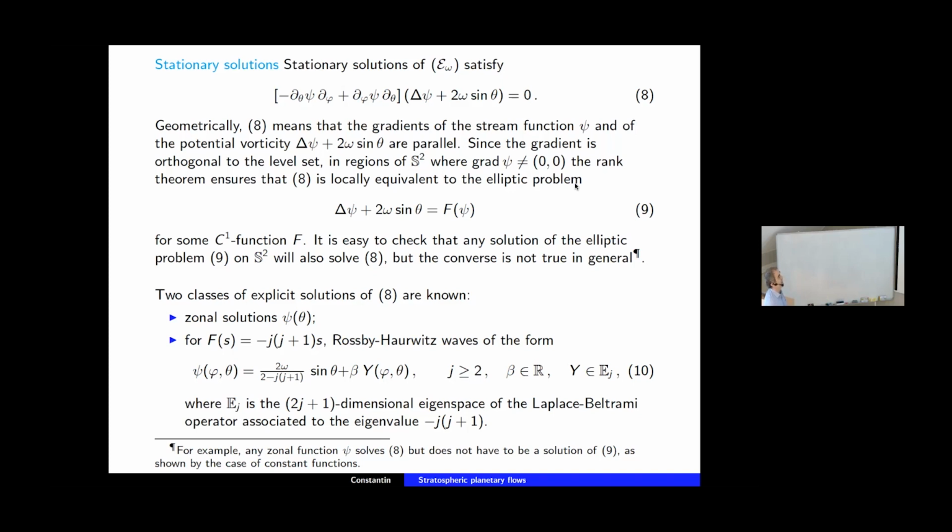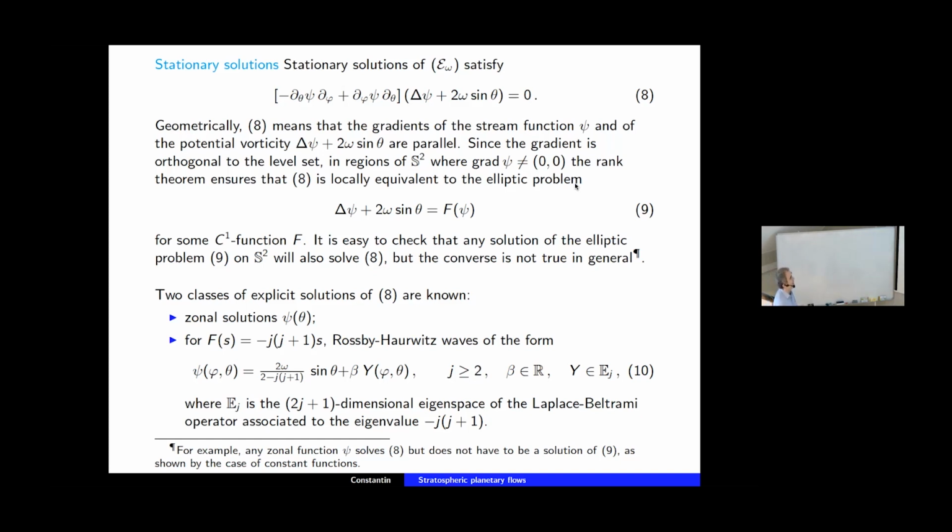Basically, near any point where there is no stagnation, you can deduce this one here. So if something is a solution of this, it would be a solution of that. Locally, if the gradient is nonzero, the converse is also true, but they are not equivalent.